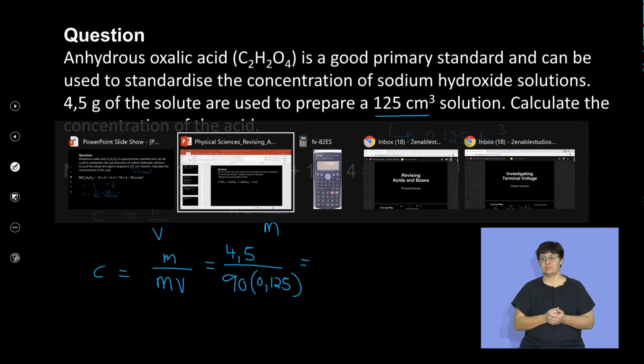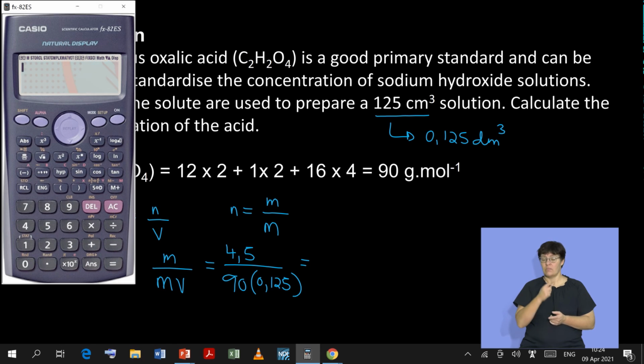So from there, we can go to our calculator and say 4,5 divided by 90 multiplied by 0,125. So this gives us 0,4 moles per cubic decimeter.